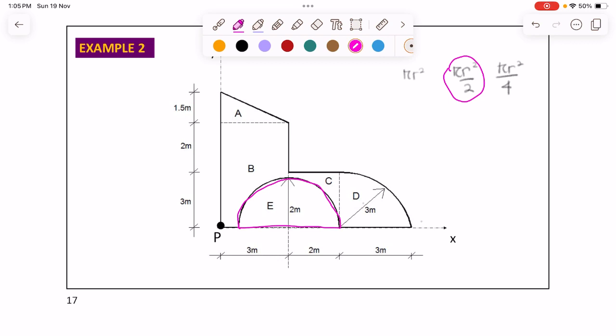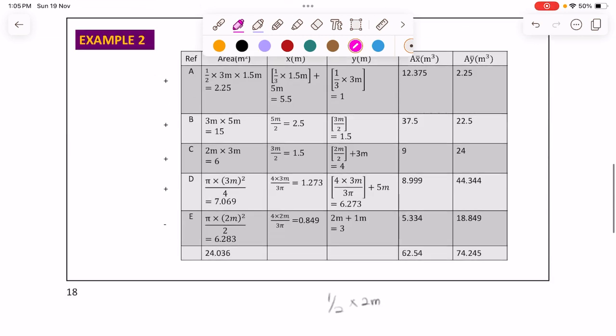Maksudnya satu circle, the area dia pi r power of 2. Separuh circle ialah pi r square bahagi dengan 2. So radius will be 2 meter, then pi times 2 meter square bahagi dengan 2. This will be the area.